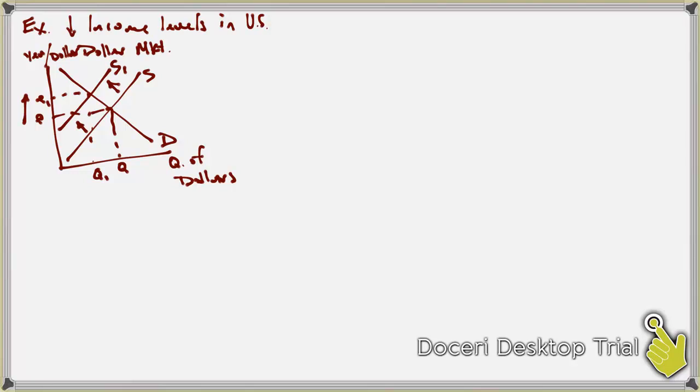Carolyn. Great question. If income in Japan fell, I would say they're going to buy less of our stuff, so the demand for the dollar would decrease, causing our currency to depreciate.